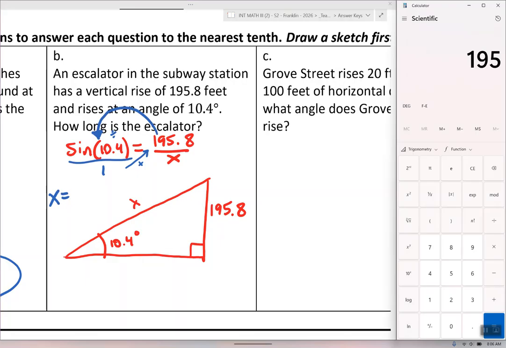So 195.8 divided by the sine of 10.4 gives us 1,084.65 feet. And I'll call that 1,084.7.